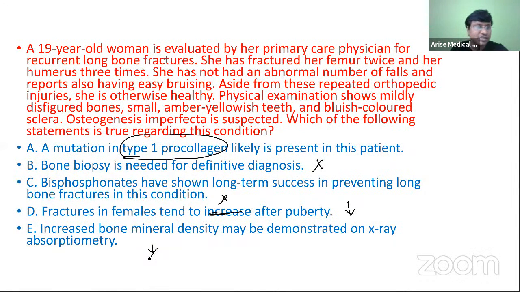Now, what is the cause of death in these individuals? Number one, because they have recurrent long bone fractures. Asadullah Khan, please tell me what is the complication which is anticipated on recurrent long bone fractures?